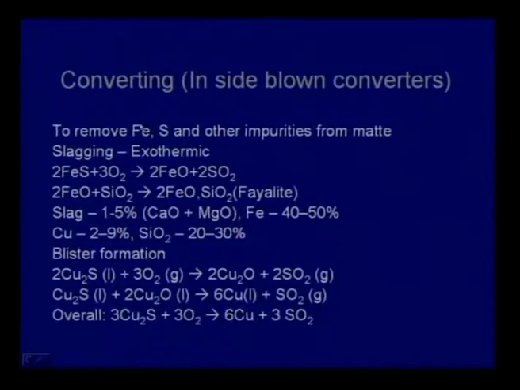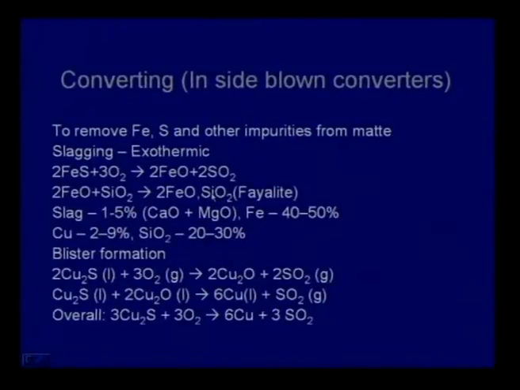Now, we have to remove iron and sulphur and other impurities from the matte, and we will do that by slagging. We will continue in the converter, we blow oxygen to oxidize FeS to FeO stage. Then FeO will react with SiO2 to form fayalite slag.